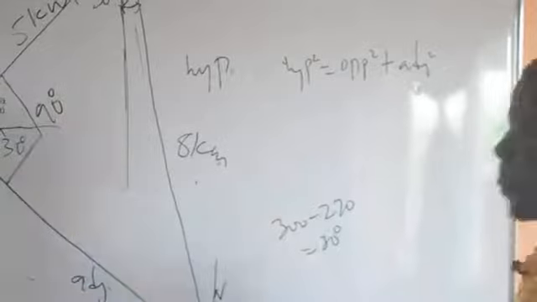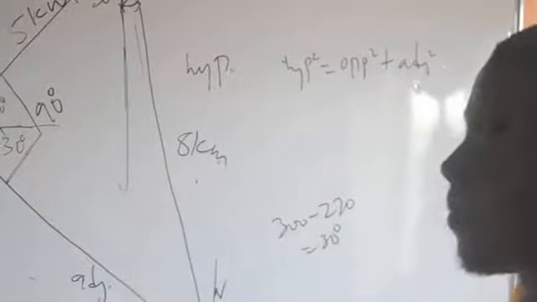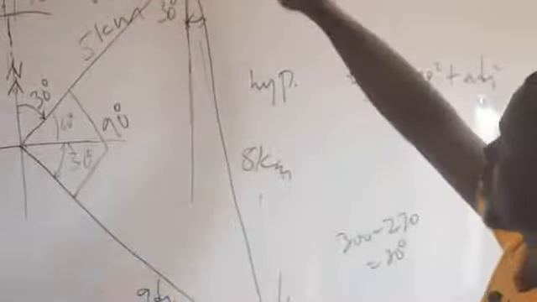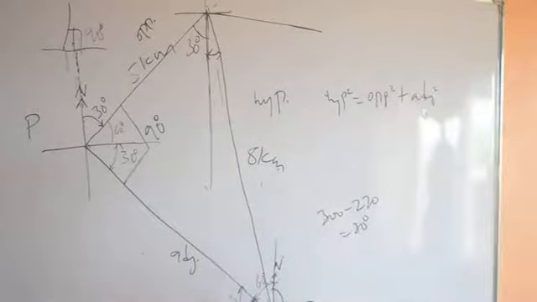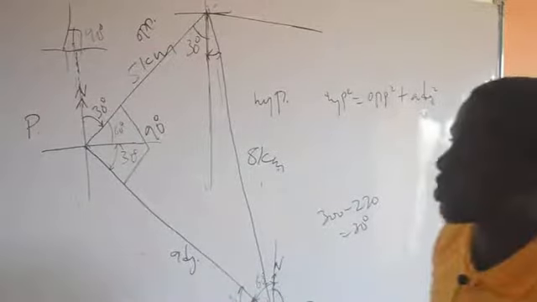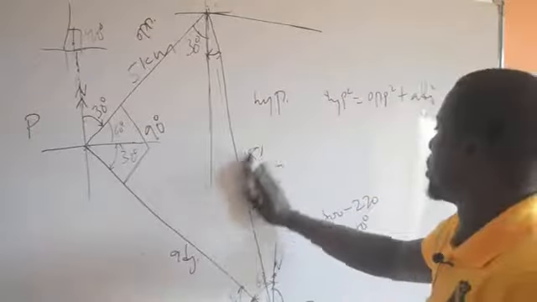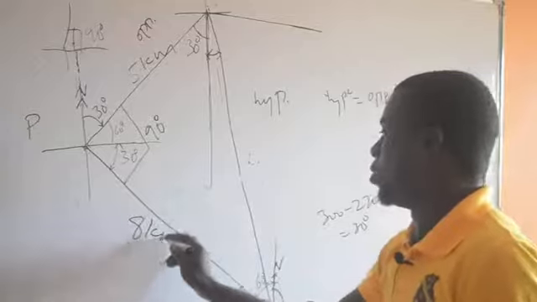Alright, so the required distance is the distance Q and R. Where's Q and R? This place, Q and R. Are you with me? We are told in the question that distance P and R is 8 kilometers.